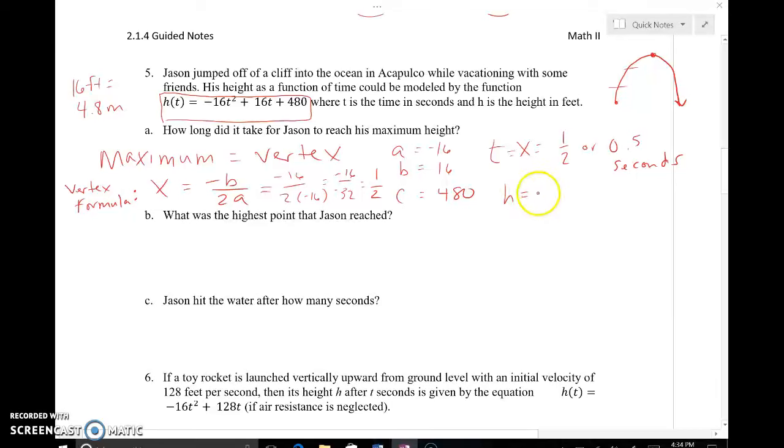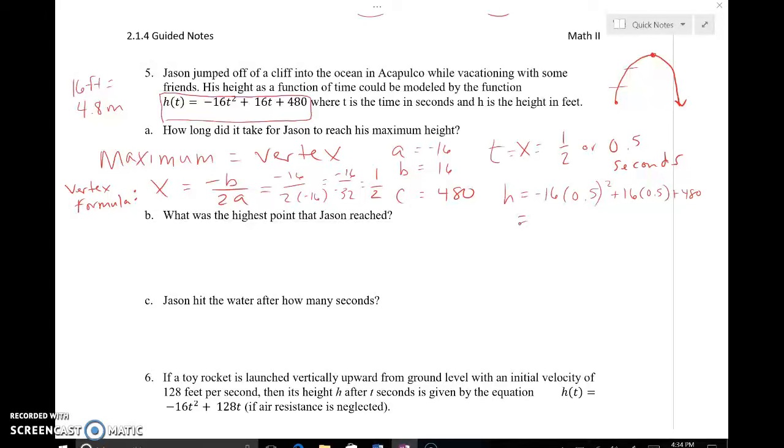So h is negative 16 times 0.5 squared plus 16 times 0.5 plus 480. What you could do is type that in your calculator to make sure that you get that correct, unless you can do that mentally.